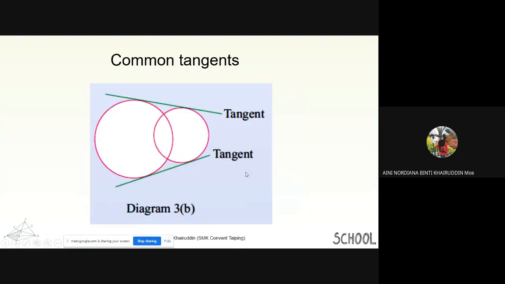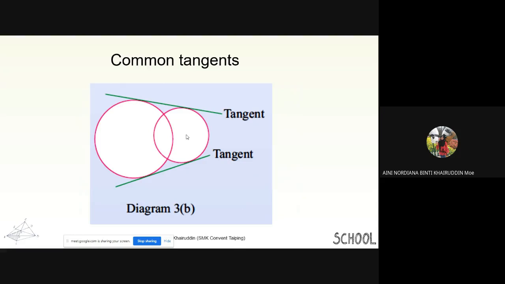Okay, 2 sahaja. Sama juga yang different size pun ada 2 sahaja. Kadang-kadang soalan ni simple dia. Tanya number of common tangent. So you kena remember lah. If the 2 circle, tak kisahlah same size or different size, kalau dia separate, dia akan ada 4 tangent.